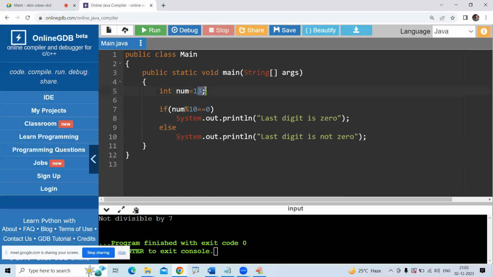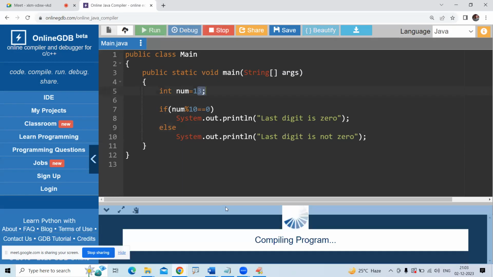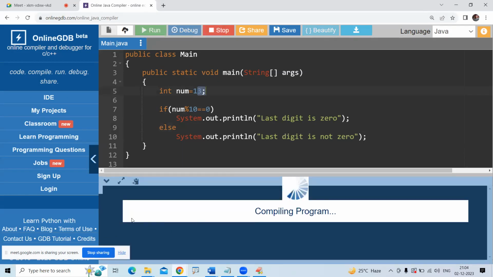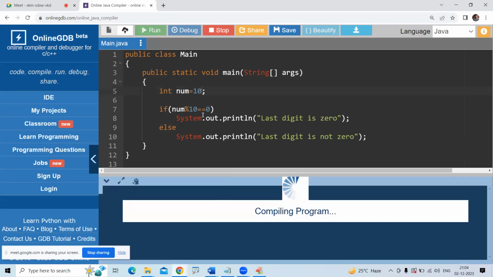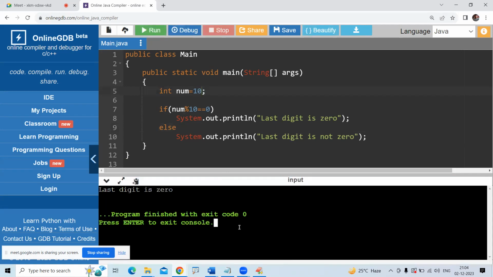So here in 13, the last digit is not 0. When you run the code, the output is like this: the last digit is not 0. When you give, suppose, 10, that last digit is 0.